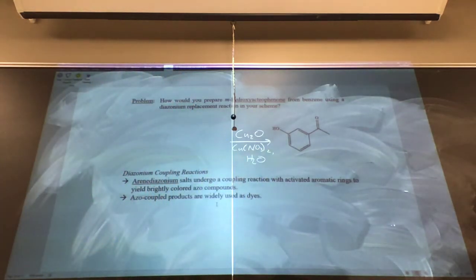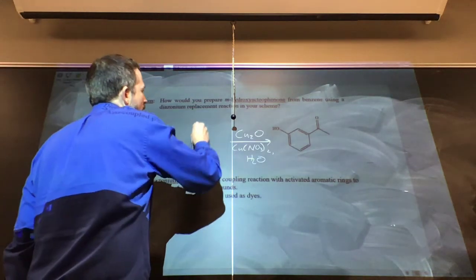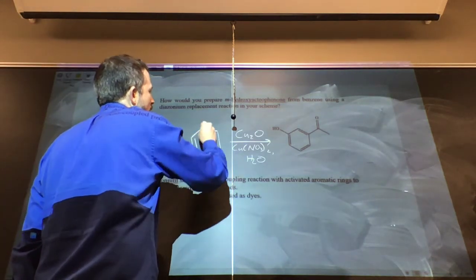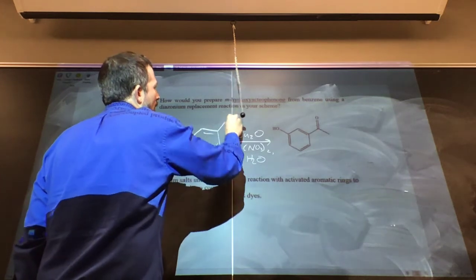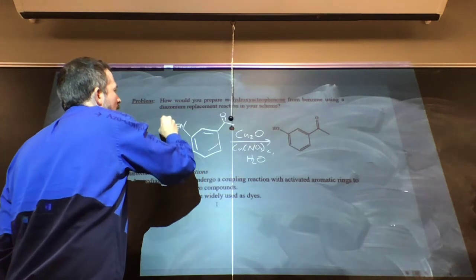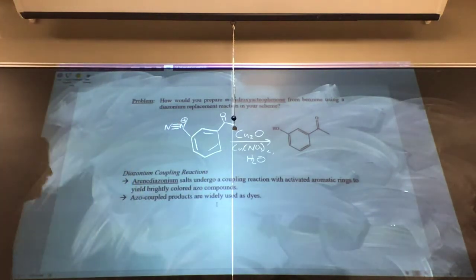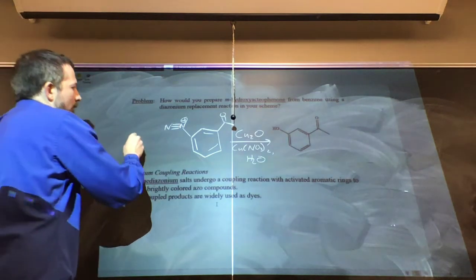So I can use that in my scheme to make that OH group. Okay, so there's my diazonium salt. Now I know I can use that to make my OH group.